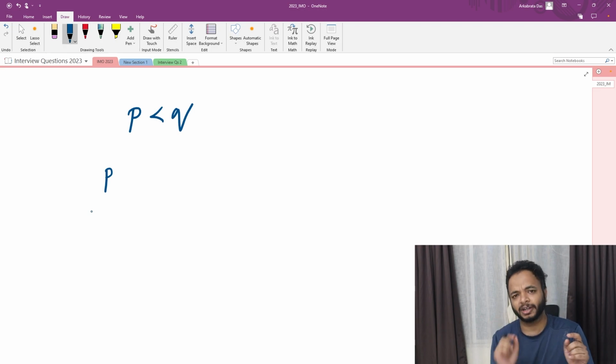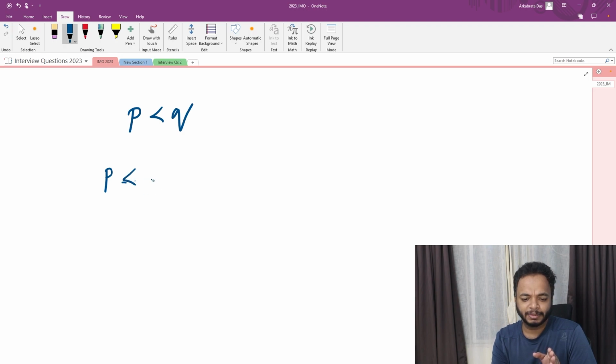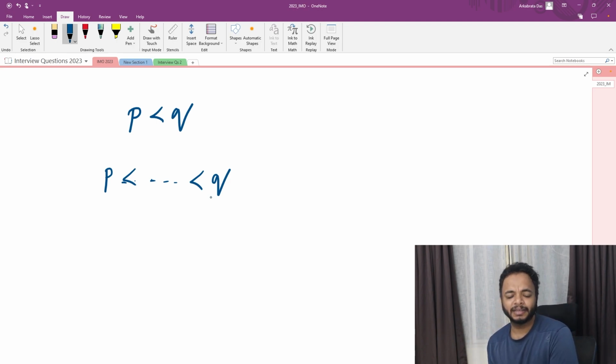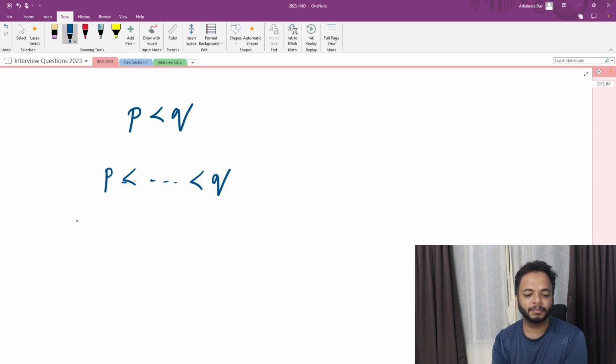This p will be coming because it's the smallest prime present in n, and then the powers of p can come, as long as they are still less than q. But after a certain step, q will come, where p divides the next divisor, and so on, and that would imply that p will divide q.